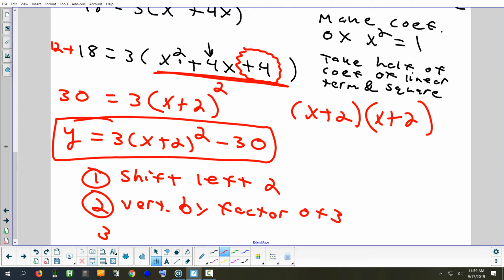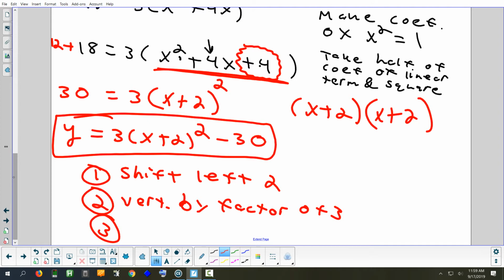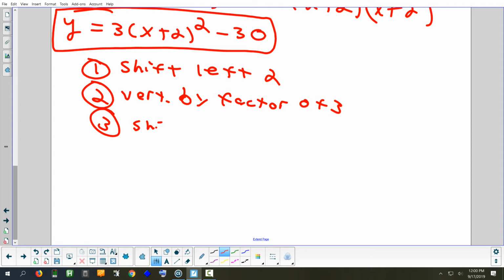And what's my last transformation? How about Caleb? Can you tell me my last one? That'd be shift right 30. So we already did the left and the right. So that'd be up. No, not up 30. Yep, shift down 30. So shift down 30.